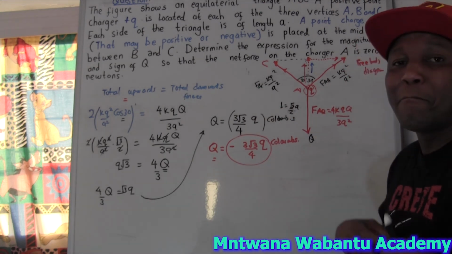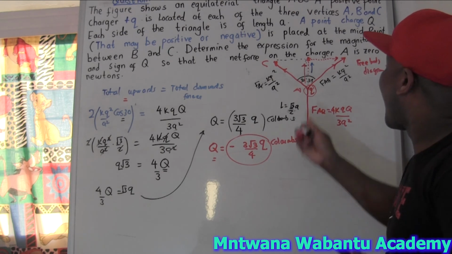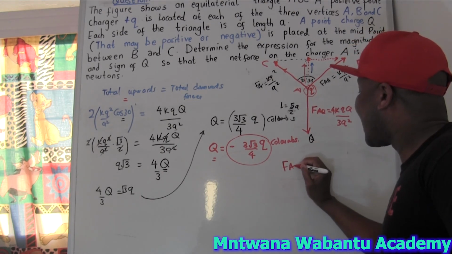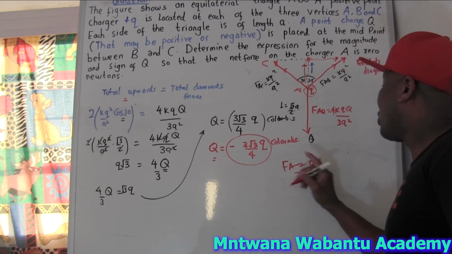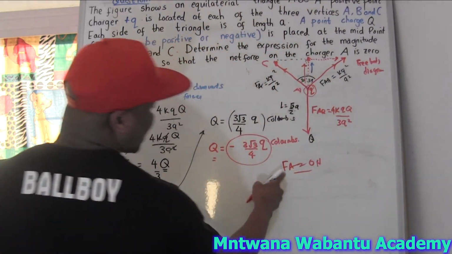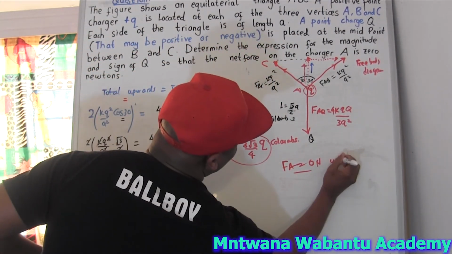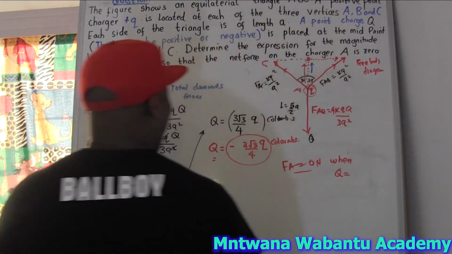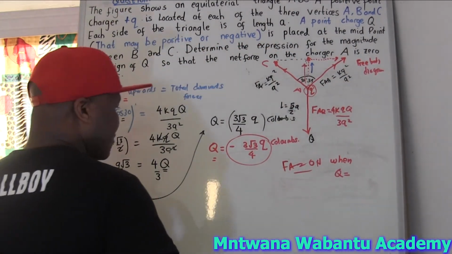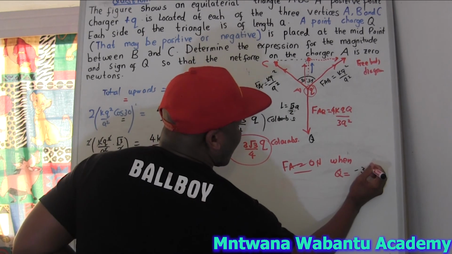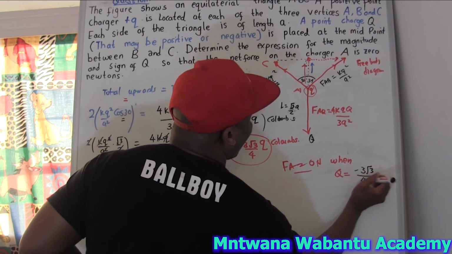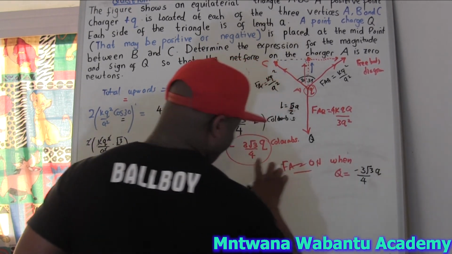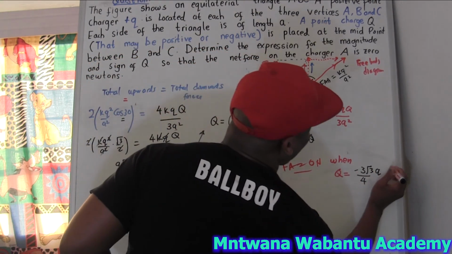It means the magnitude of the force at point A, so force at A, is going to be 0 newtons when Q has a charge of negative 3 square root of 3 over 4 q, small q, coulombs.